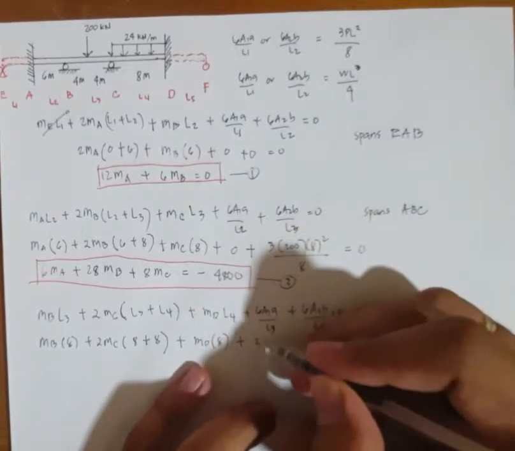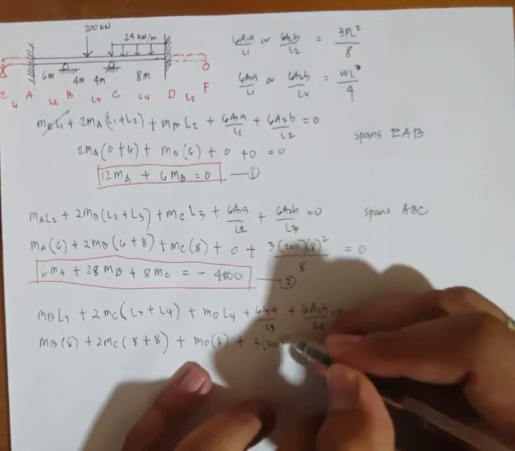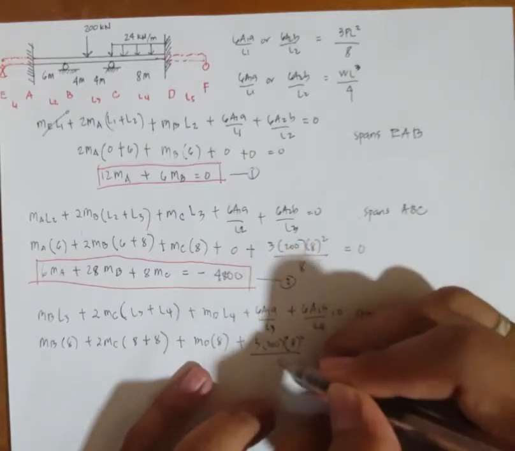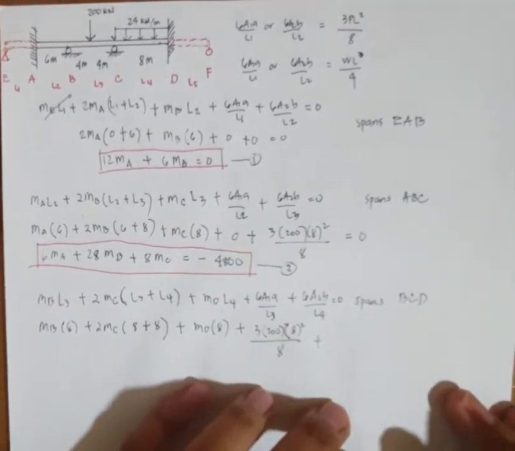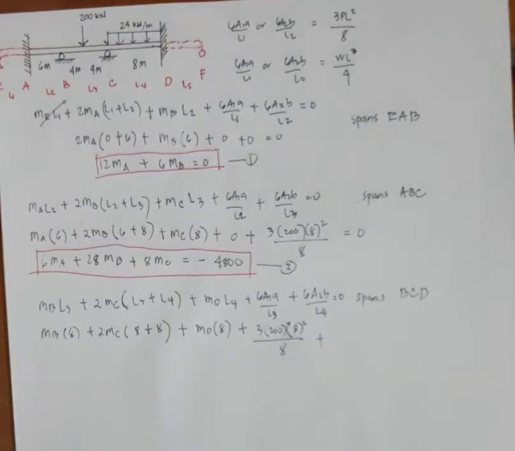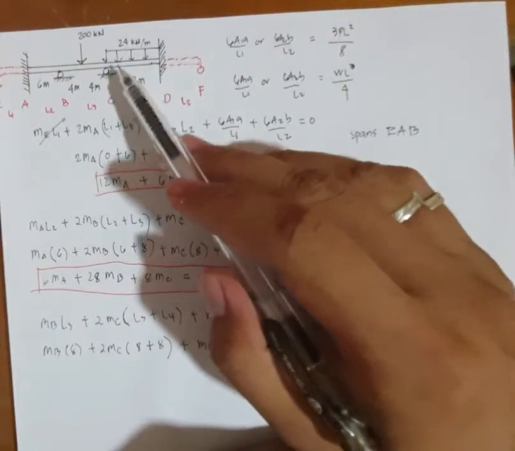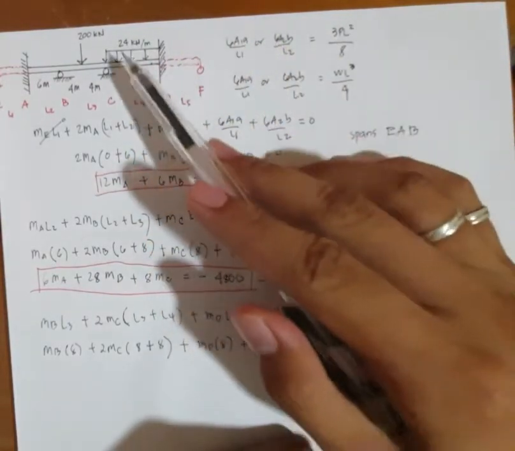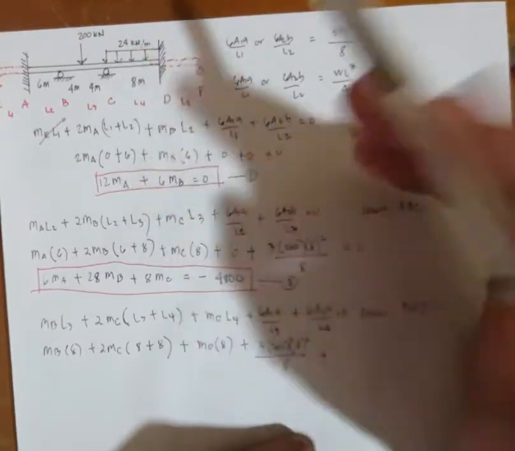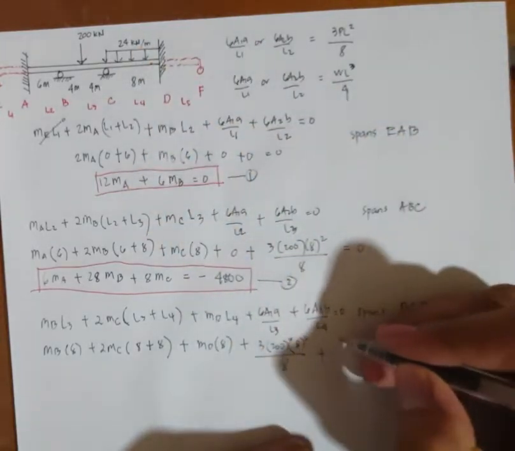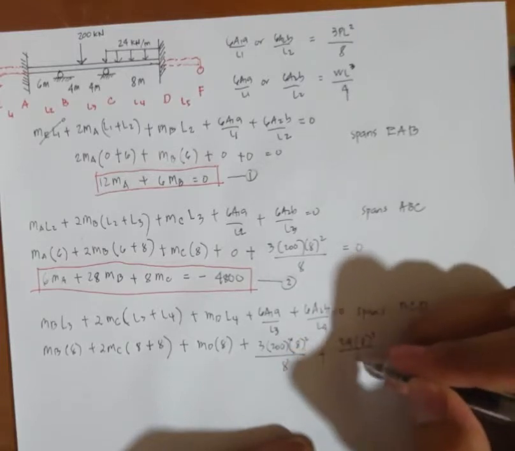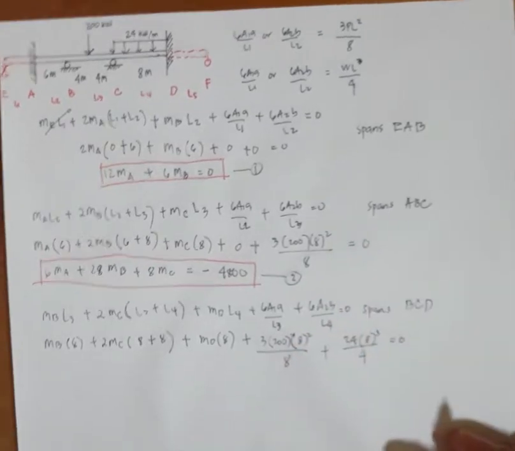So 3 times 200 squared, 3PL 8 squared over 8, plus 6A2B over L4. 6A2B over L4 is WL cubed over 4 for uniformly distributed, so that is 24WL cubed over 4 equal to 0.